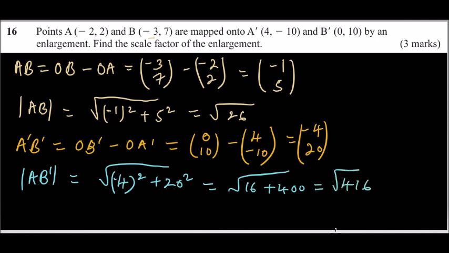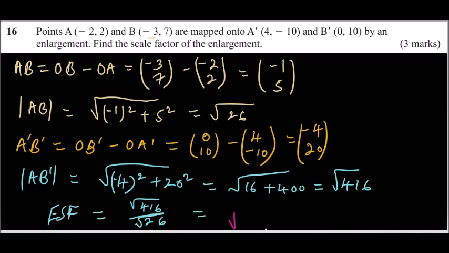So to get the enlargement factor, I can put S there. It is equal to the magnitude of the image, that is the square root of 416, divided by the magnitude of the object, that is 2 the square root of 26.